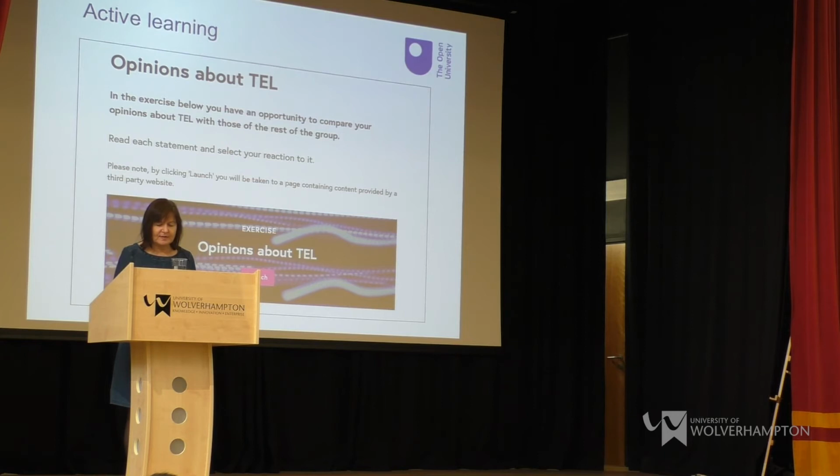This is one of our activities where they have to form an opinion about technology-enhanced learning based on some reading, and then they choose some statements and select their reaction to the statement, and then they can look at what everyone else thought as well and compare their reaction with others.